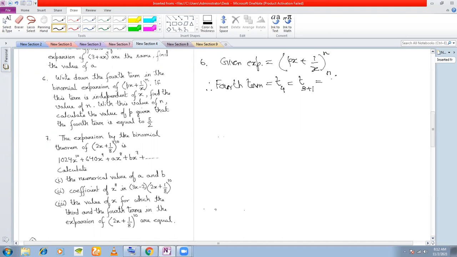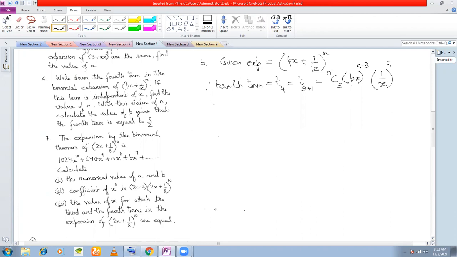We have nC3, a to the power of n minus r, where a is px, to the power of n minus 3, into x to the power of r. This is the fourth term.